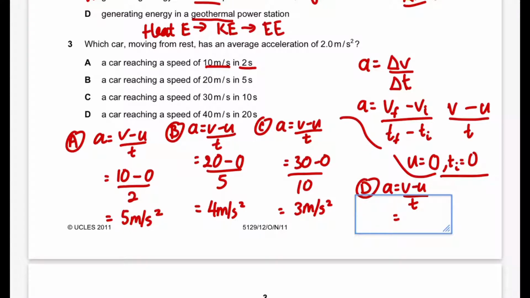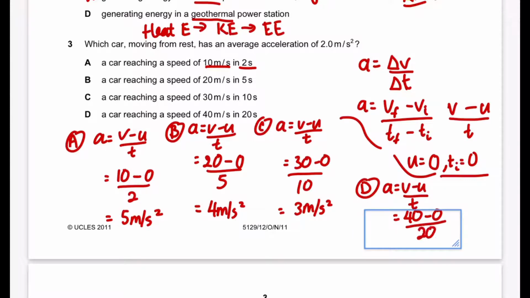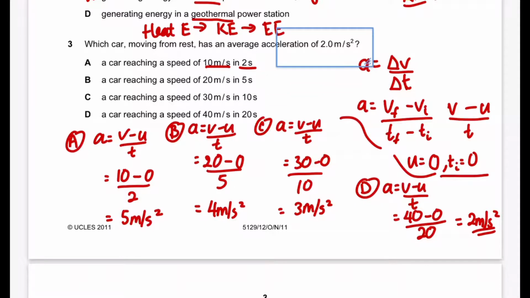V is 40 minus 0 divided by 20. 40 divided by 20 is 2 meter per second square. So this is what we're looking for, as this matches what the question wants. So D is the answer. The car reaching a speed of 40 meter per second in 20 seconds.